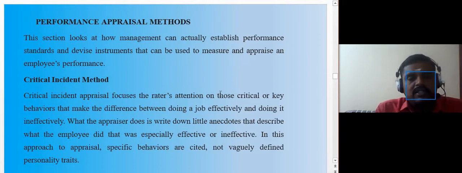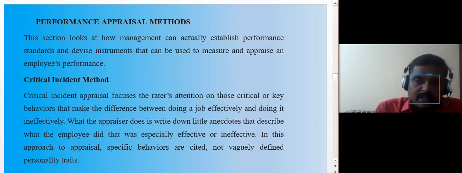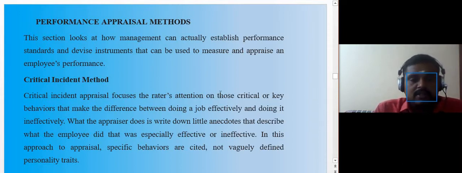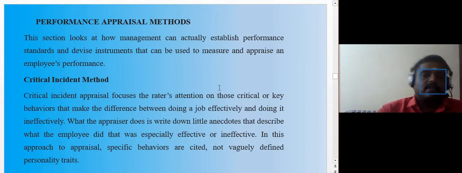What the appraiser does is write down little records that describe what the employee did that was especially effective or ineffective. In this approach to appraisal, specific behaviors are cited, not vaguely defined personal traits or personality traits.